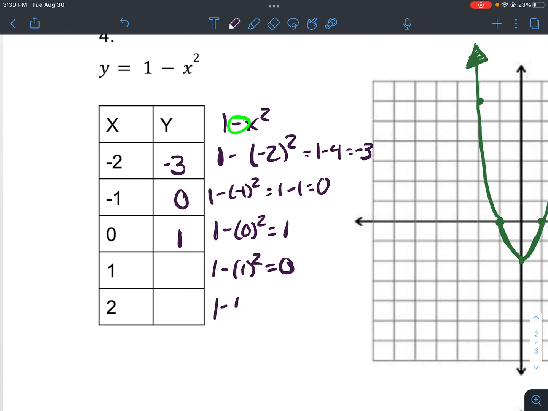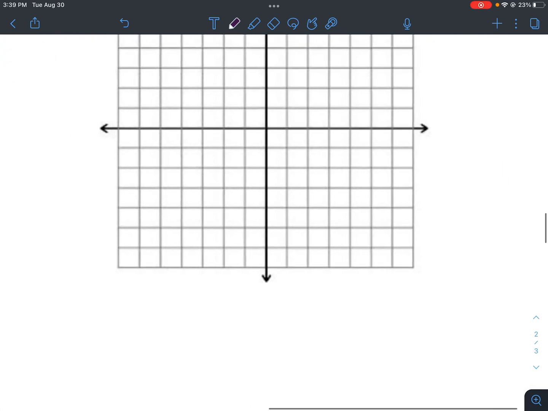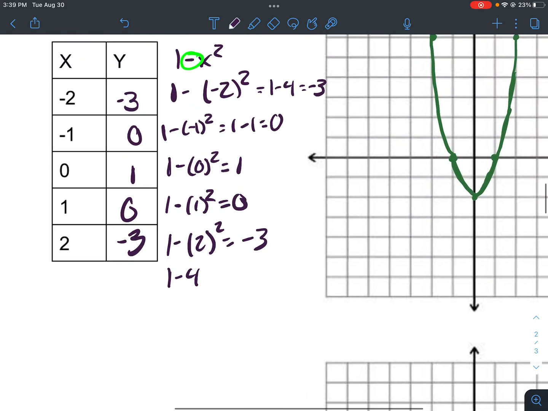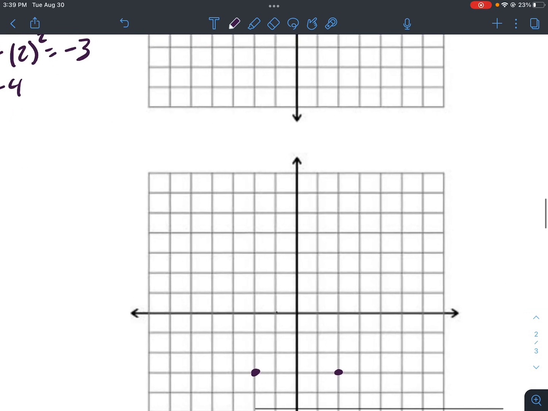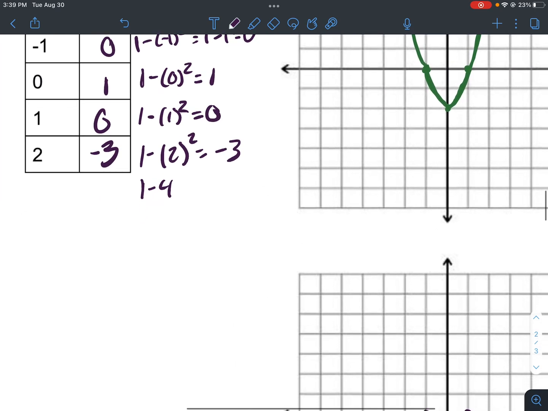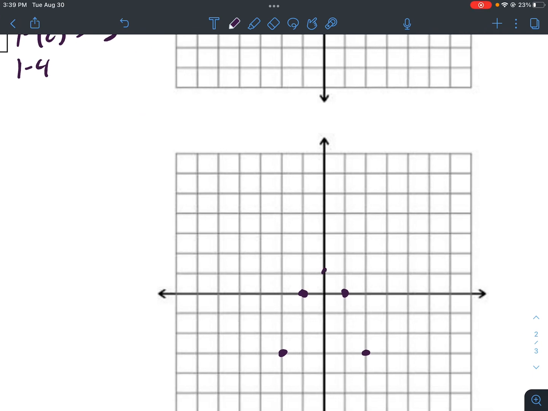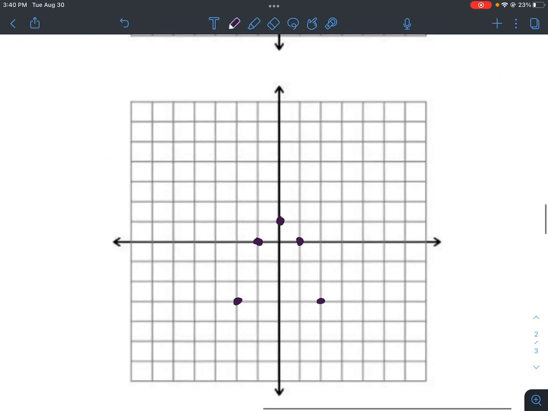Then 1 minus 2 squared is equal to negative 3 again, because this is just 1 minus 4. So we got 0, negative 3. So at our negative 2 and positive 2, we're at negative 3. Then we're at 0 for our 1s. And then lastly, we are at 1 when we are at 0.